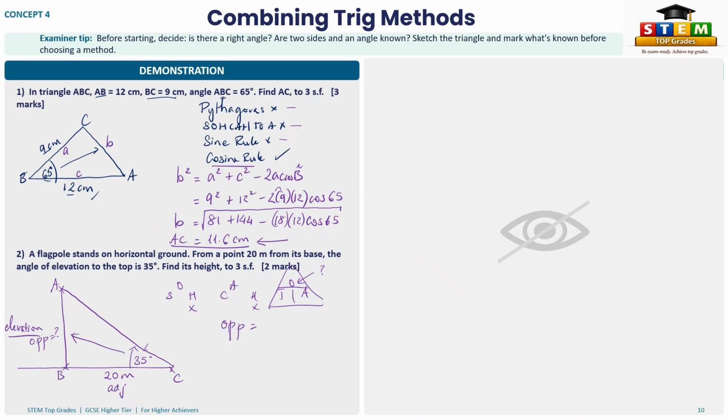Opposite equals the adjacent multiplied by tan. So opposite is length AB, or the height, which is equal to the adjacent, which is 20 multiplied by tan of 35 degrees. So 20 times tan of 35 degrees, that's going to give you three significant figures. That's 14.0 meters.